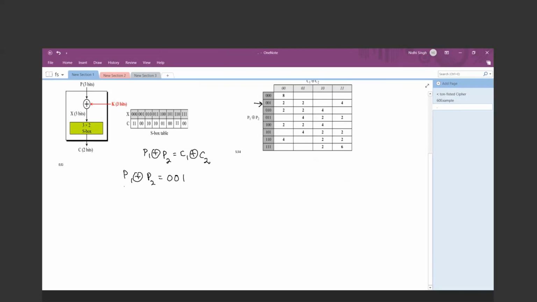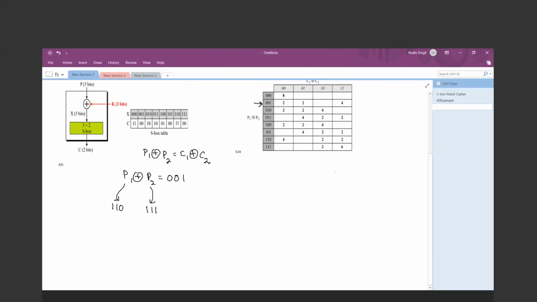There may be multiple combinations, but for the understanding point of view I am taking only a few combinations, that is 110 and the second one is 111. You can take any; I am taking these, and you can check the others too, the answer will be the same. So 110 and 111 is my combination of P1 and P2.